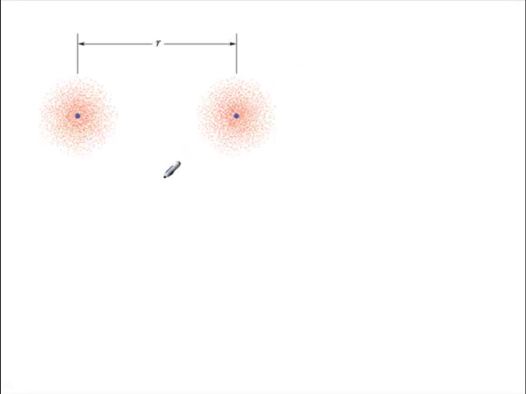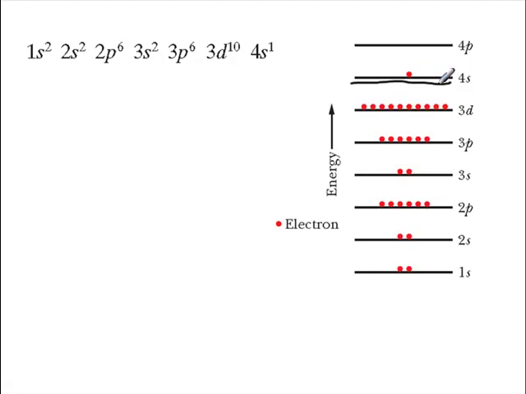Then when we put in another atom, the 2 levels become 3, with another atom 4, 5, 6, 7, 8, until eventually we get to the point that we've got some macroscopic number of atoms. So if I have a full gram, it's going to be well over 10 to the 20 atoms. And each one of these energy levels changes into 10 to the 20 different energy levels.